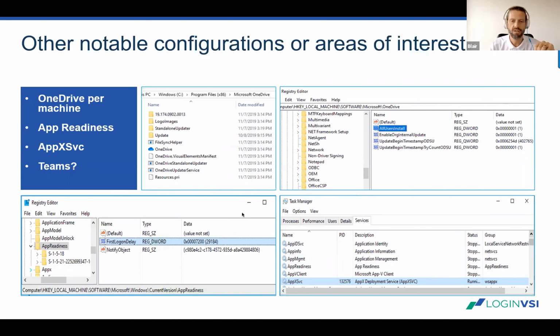So I'd encourage all of you to share any information that you might be seeing. Let's collectively as a community share information so that we know how Windows 10 Enterprise Multi-Session looks in the performance community.